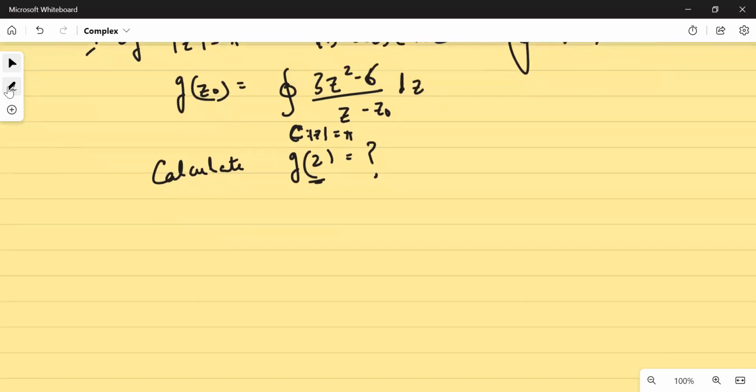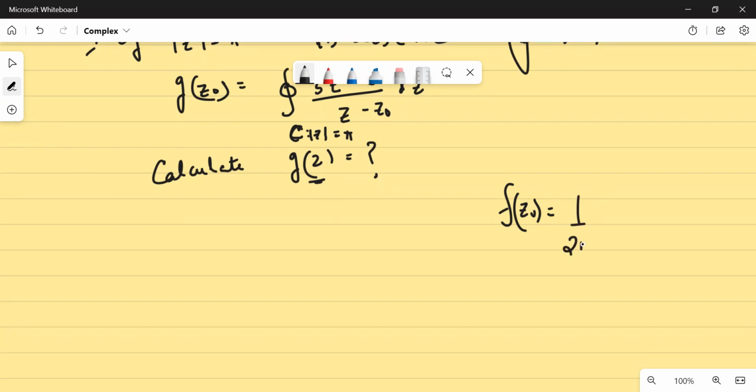So how would we do it? We already have a theorem which says that if I want to find the value of a function at a point z naught where f is analytic, I have to simply write 1 upon 2 pi iota integration f(z) upon z minus z naught dz.